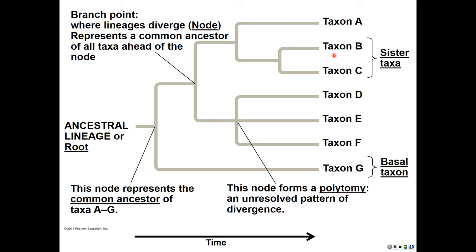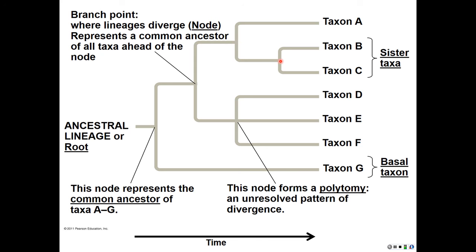Taxon B and taxon A are also related to each other, but you have to go further back in evolutionary time to see their common ancestor. So when we look at an evolutionary tree, we don't care about how they're lined up here necessarily. Because taxon C and D are next to each other doesn't mean anything. What we need to do is look back in the tree and say, how recently do they share a common ancestor? That tells us how closely related they actually are to each other.